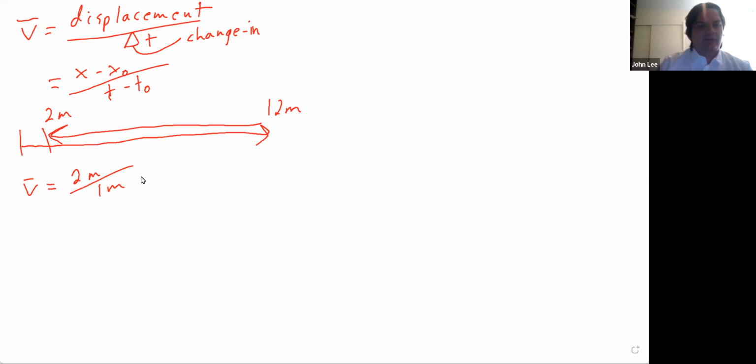But 2 meters over 1 minute is 2 meters per minute, which is very, very slow, but that is your average velocity over the given time. Even though you went out very far and you came back, your total displacement wasn't very much, so your average velocity isn't going to be very much.